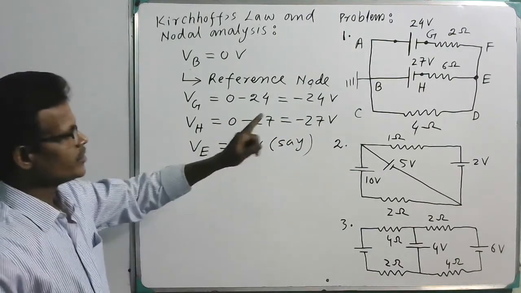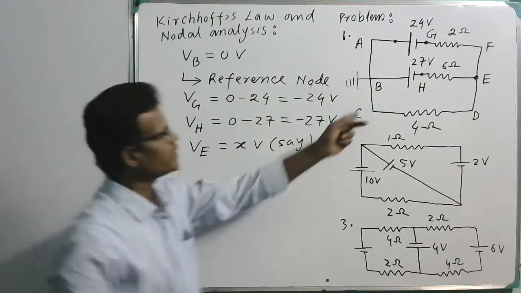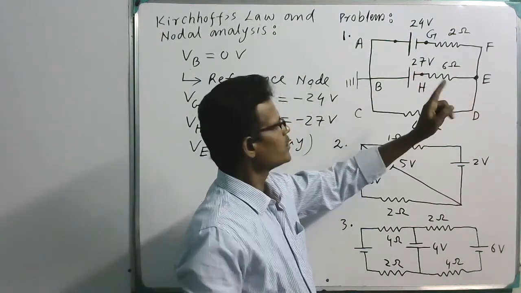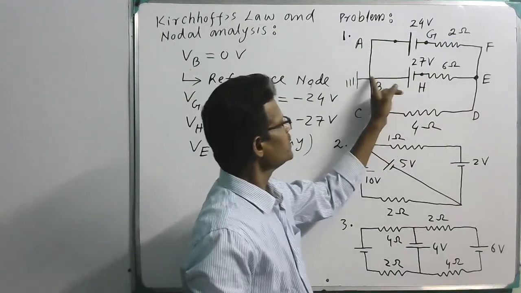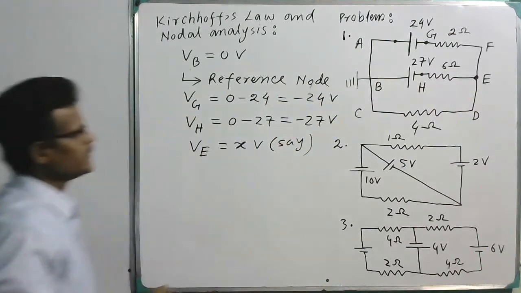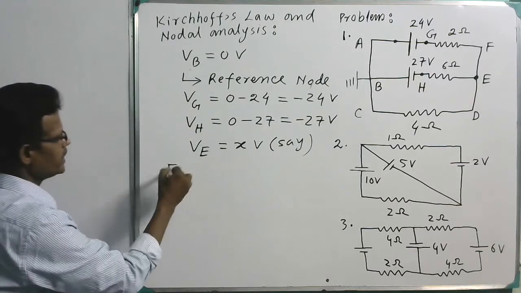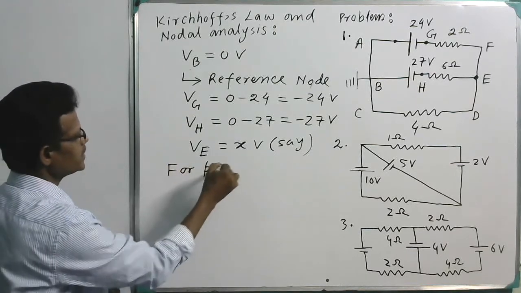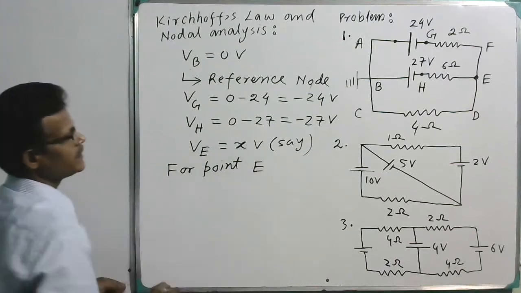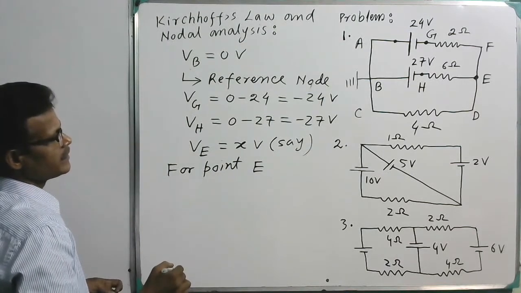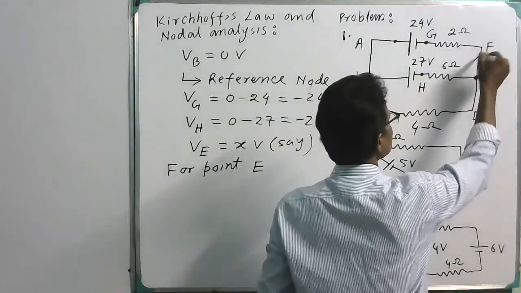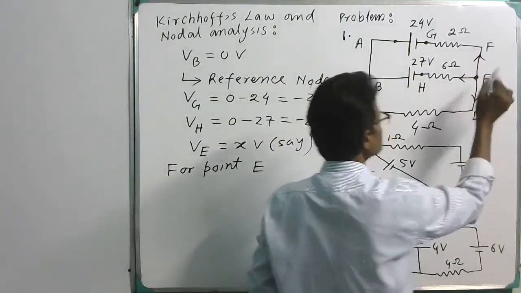Now apply Kirchhoff's first law at any one of the two nodes or junctions, for this point or for this point. Any point you can apply it. Suppose for point E, suppose all currents are coming out.